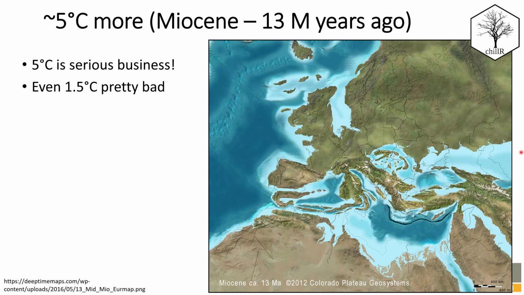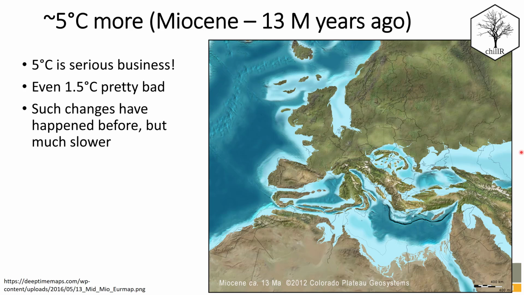Even 1.5 degrees is pretty bad. Not as bad as 5 degrees for sure, but even the kind of warming that we're now considering the best case scenario will also require quite a bit of adaptation from humanity.